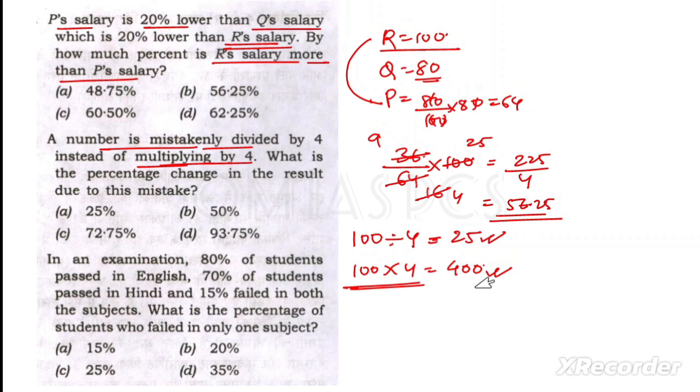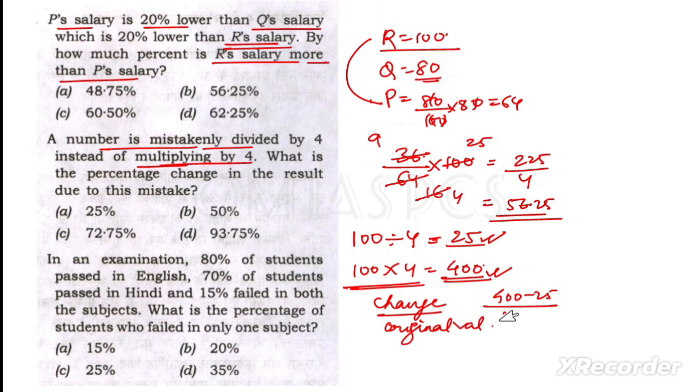So what is the percentage change? We have to find the change divided by the original value. So the change is 400 minus 25. What is the original value, this one or that one? Actually this should be the original value, because the other is our mistake.